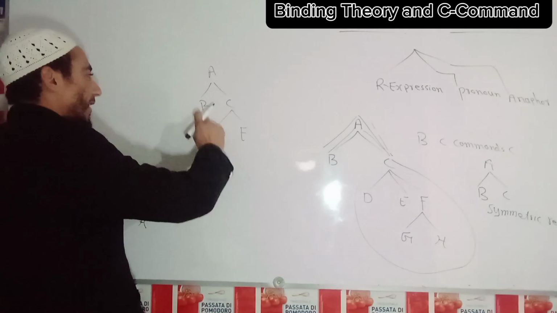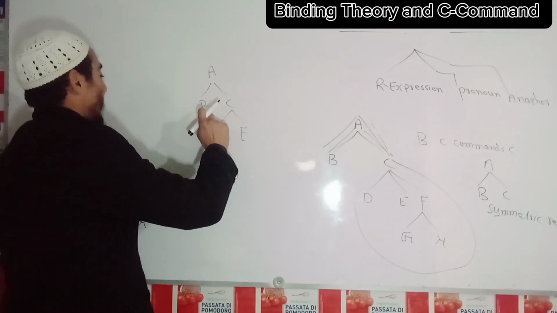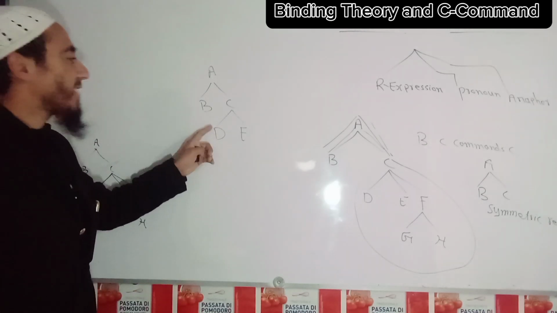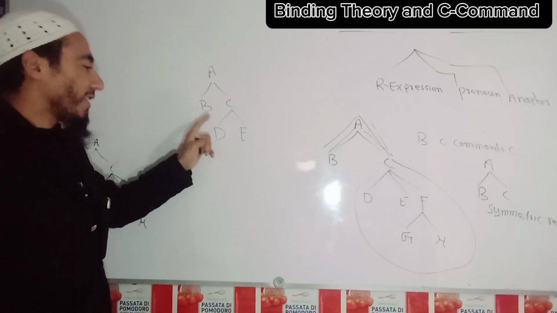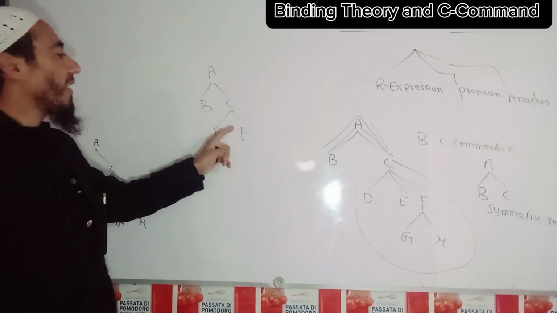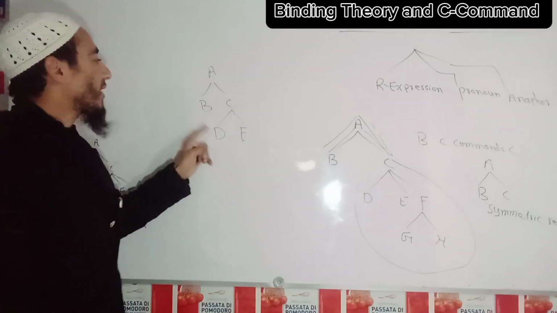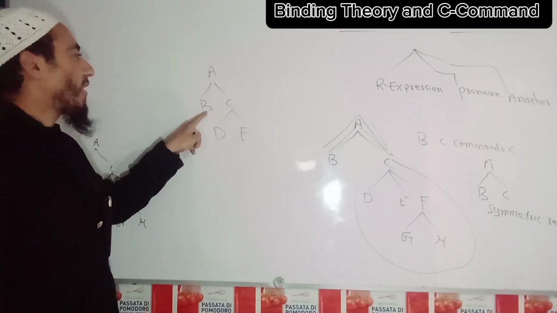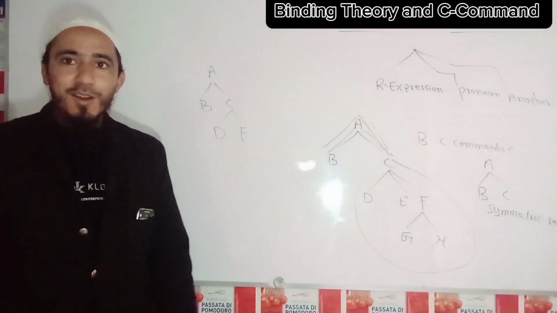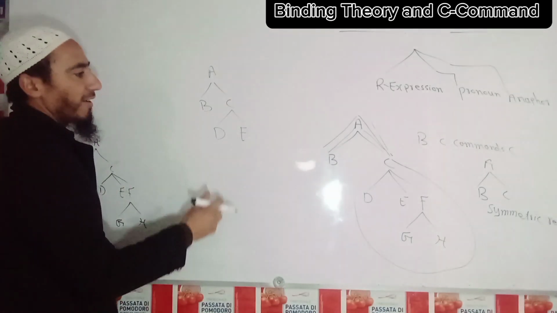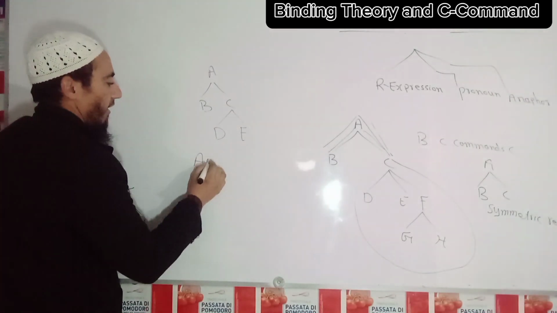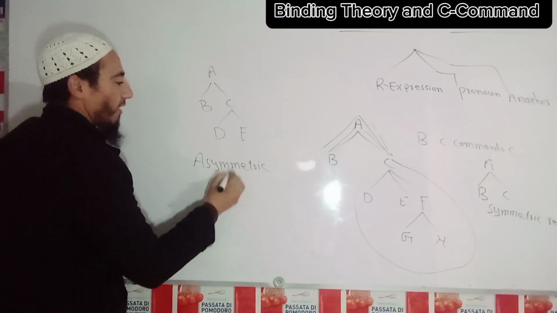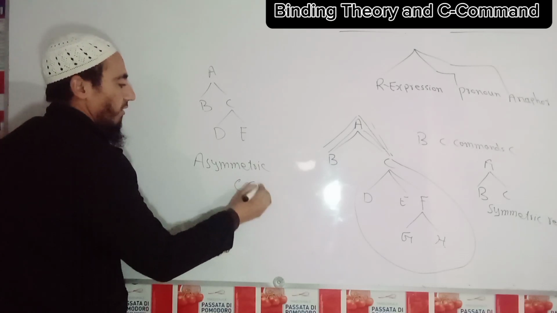The same is the case: you can say that B C-commands D. You can say that D C-commands E, but D does not C-command B, because it is against the grammatical structure. So this kind of structure is known as an asymmetric relation, or asymmetric C-command.